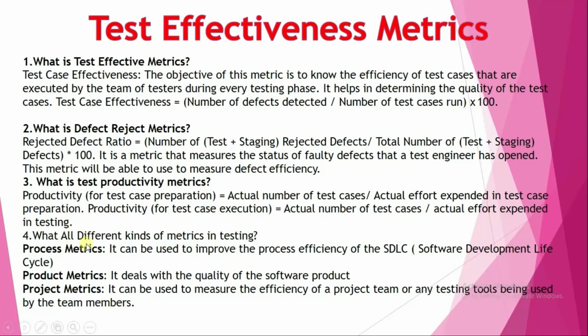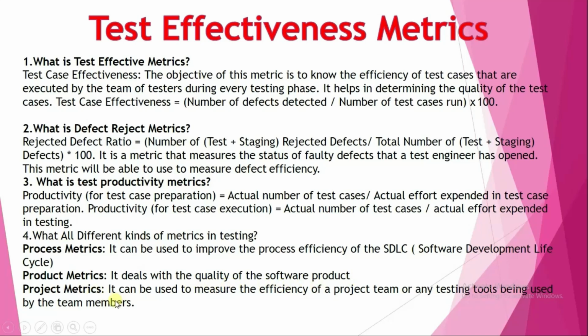The fourth one is, what are the different kinds of metrics in testing? Process metrics can be used to improve the process efficiency of the SDLC, that is, the software development life cycle. Product metrics deal with the quality of the software product.